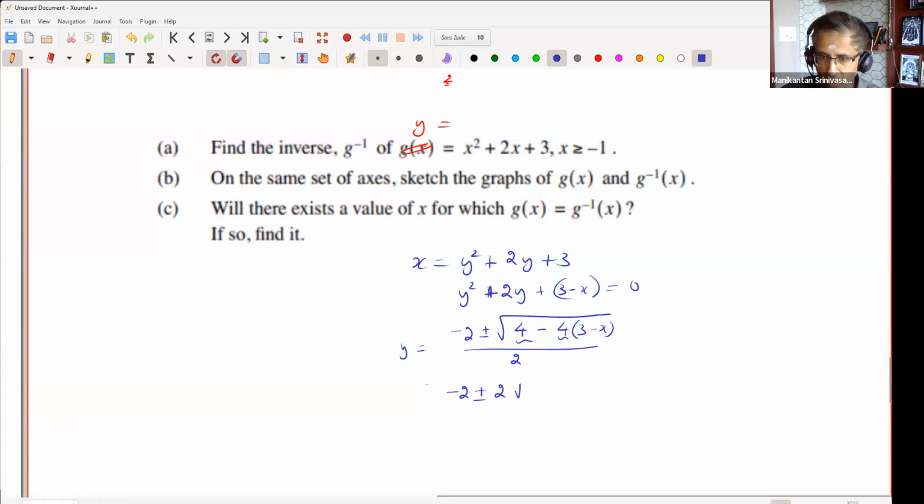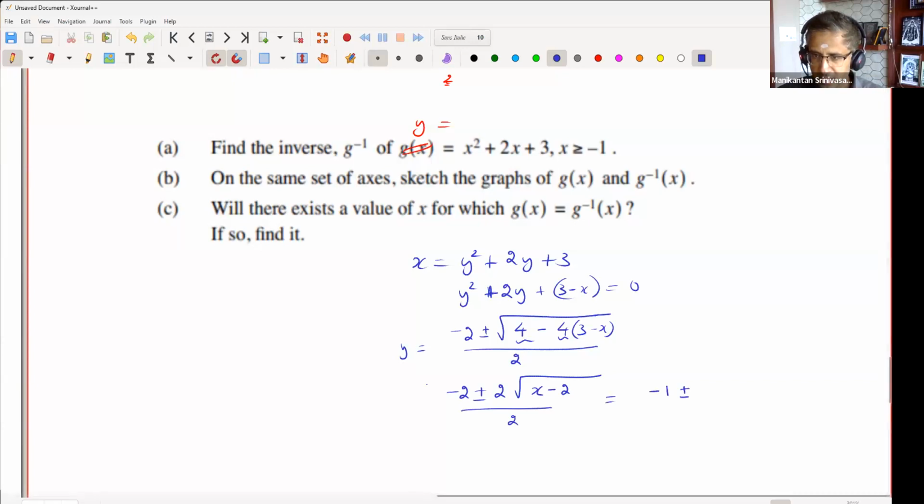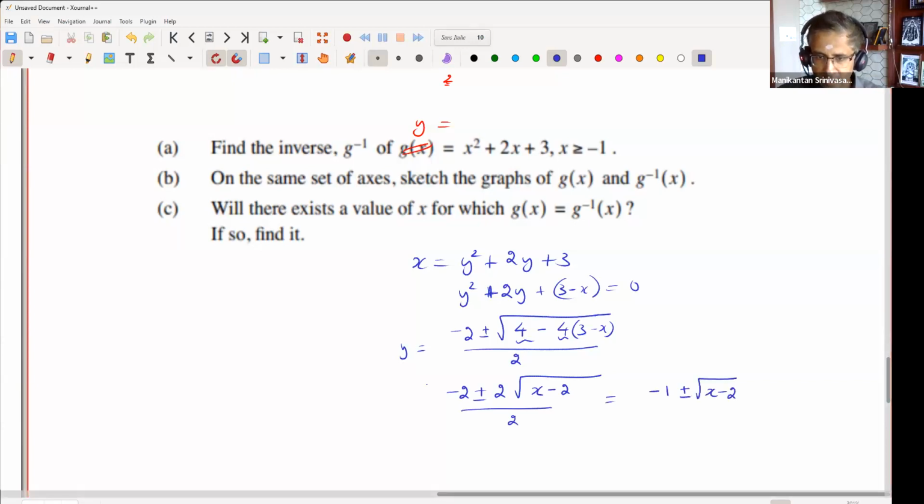So it's 1 minus 3 minus x, so it's x minus 2, I guess. So when 4 comes out, it's 1 minus 3 plus x. So it's x minus 2 whole upon 2. Which is nothing but minus 1 plus or minus root of x minus 2. So this is my y.